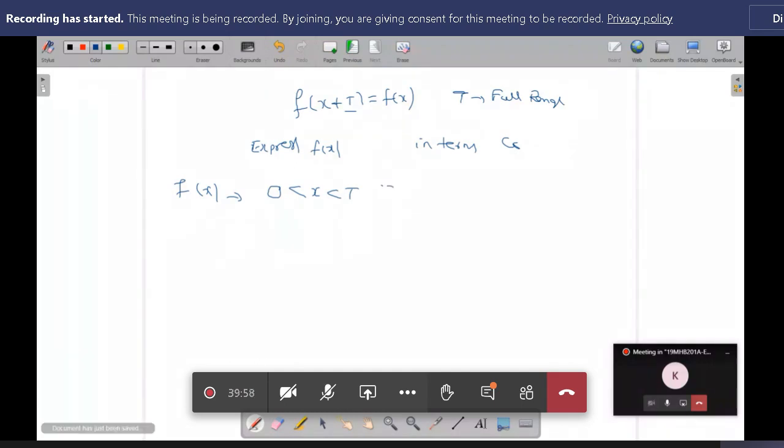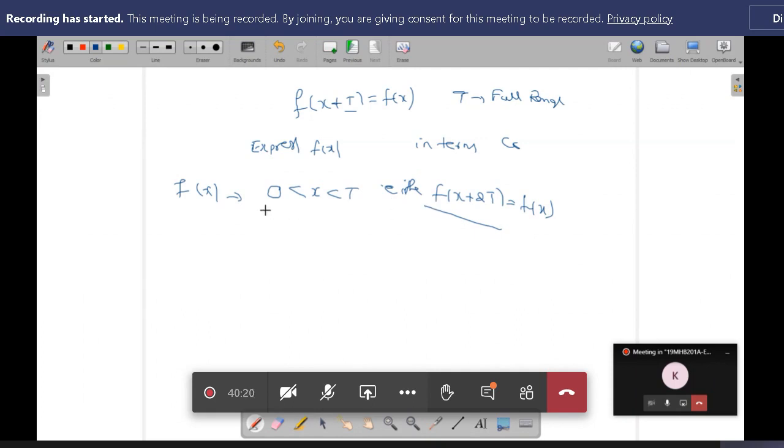It can specify either. So in this way, f of x plus 2t is equal to f of x. So this is also an indication of recognizing that the given function is within a half-range period, so not a full-range period. So this is one indication.